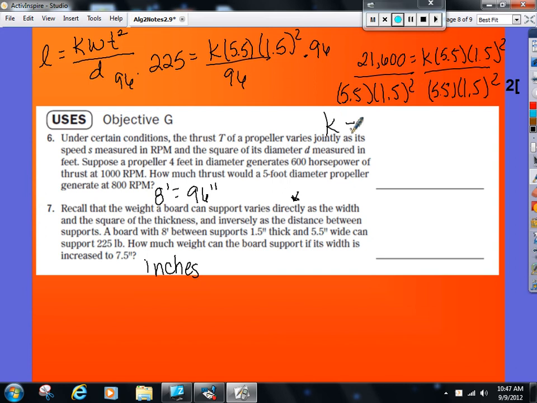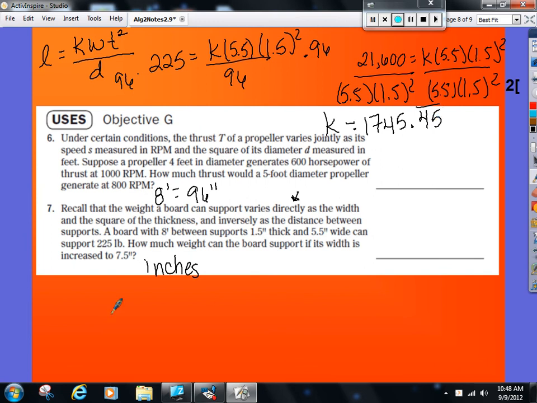I'm sure you are too. Divide by, what do you need to remember? Those parentheses. 5.5 times 1.5 squared, close parentheses. And I got a K value of big numbers, 1,745 and decimals. Don't cut those decimals out. Keep them in your calculator if you can. 1,745.4545, looks like 45 is repeating.